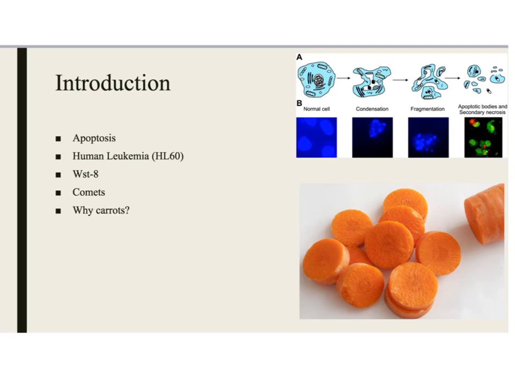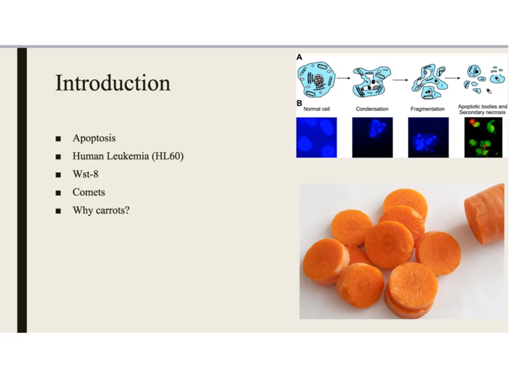To the right, you can see this photo of the normal cell and different stages of apoptosis that a cell could go through. At the end, it says necrosis, and that is bad. You don't want that in your cell because it's a cell death that is triggered by an external factor or disease such as trauma.